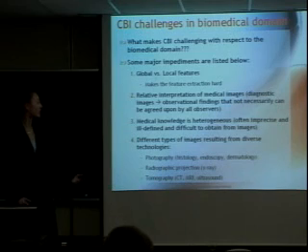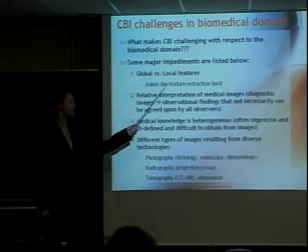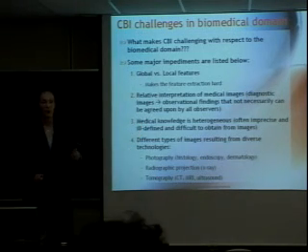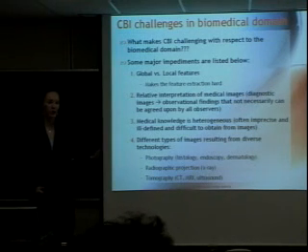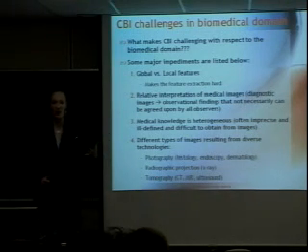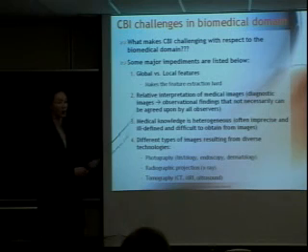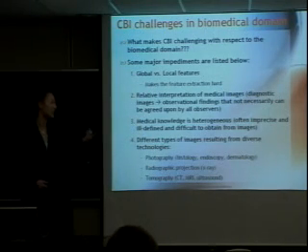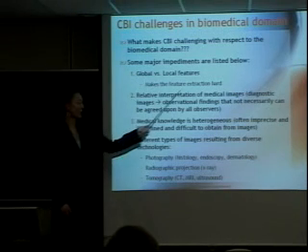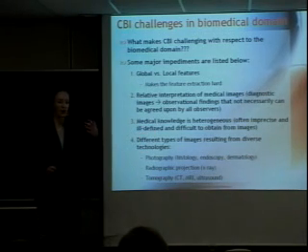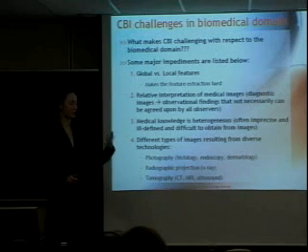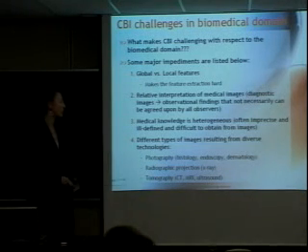First of all, it's global versus local features. In an image, we can look at the image globally and say, okay, this is a lung, or we can look at the very local features of that image, such as very small regions which may contain lesions. This makes feature extraction hard because you don't know whether you are searching for a global feature or something regional.